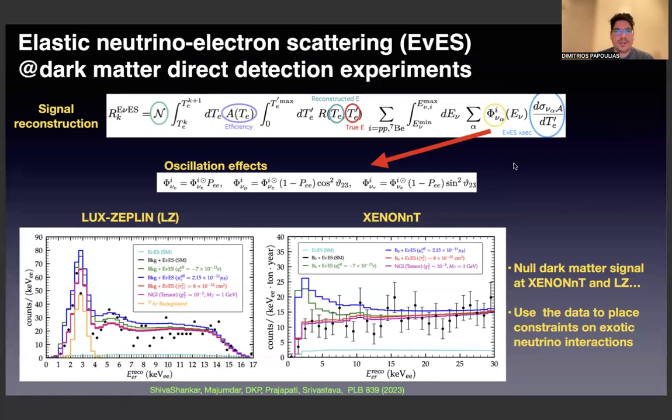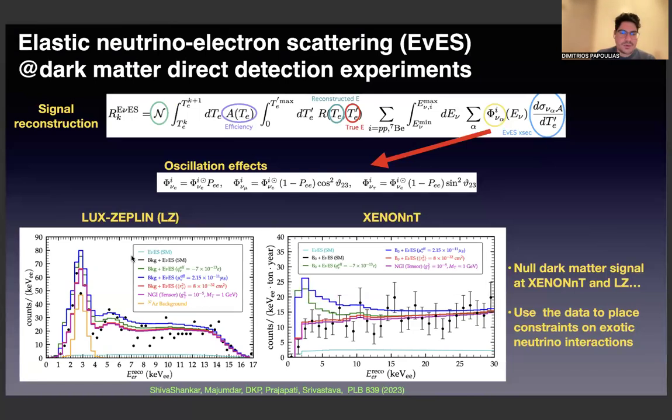Moreover, not only nuclear recoils, but also electron recoils can be induced from neutrino-electron scattering. In this case, we take into account, of course, the efficiency, the reconstruction, but also the oscillation effects, because the standard model neutrino-electron scattering cross-section is flavor dependent.